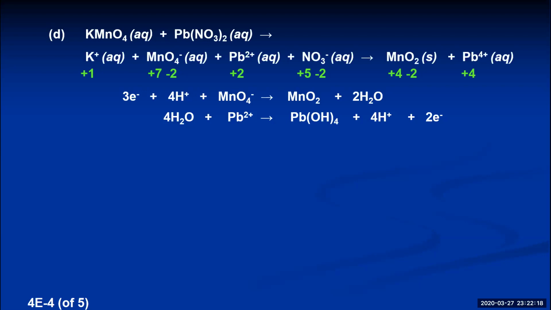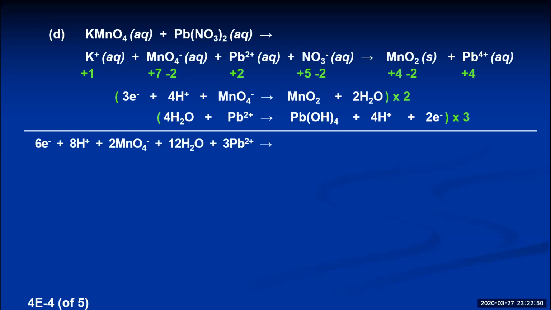For me to add these together, I need to make the electron changes equal. And in order to get 3 and 2 to be equal, we'll need to get a common multiple of 6. So I'm going to multiply this reaction by 2, which will give me 6 electrons, 8 hydrogen ions, 2 permanganates, 2 manganese 4 oxides, and 4 waters. And the second half reaction will be multiplied by 3, so I'm going to have 12 waters, 3 lead 2s, 3 lead 4 hydroxides, 12 hydrogen ions, and 6 electrons.